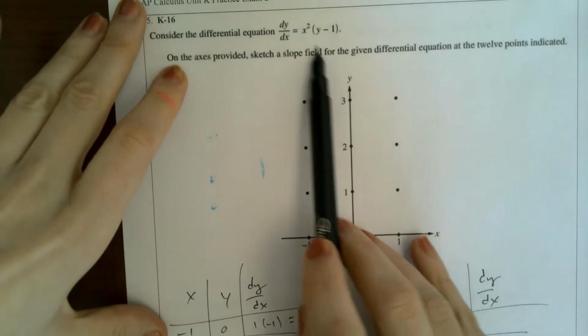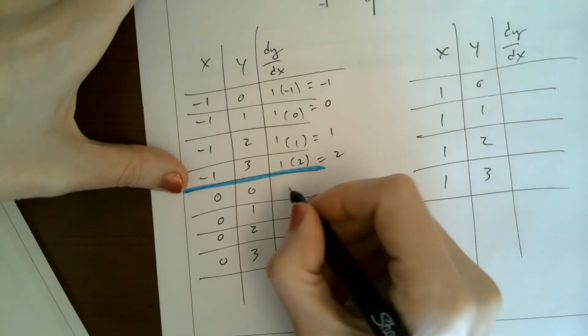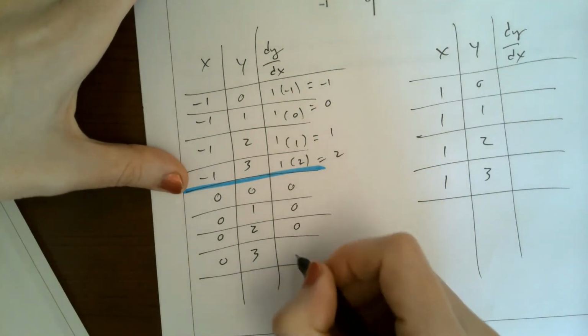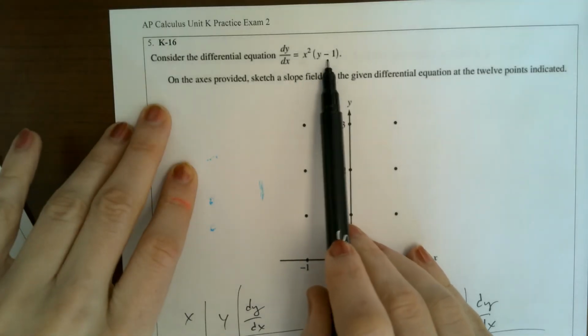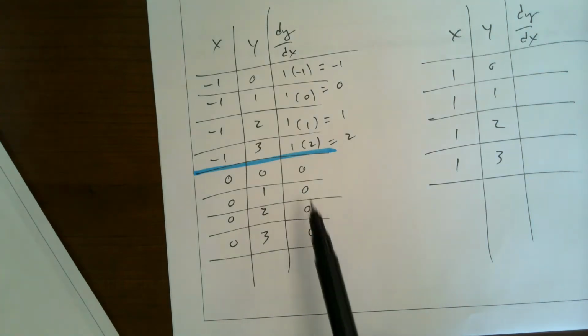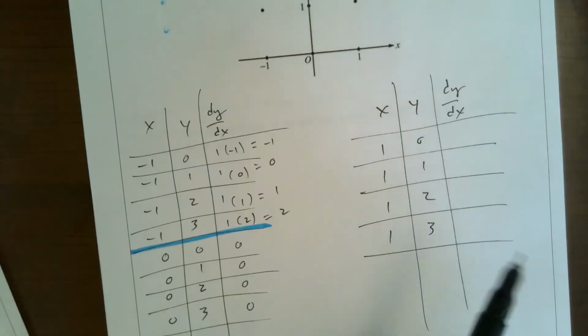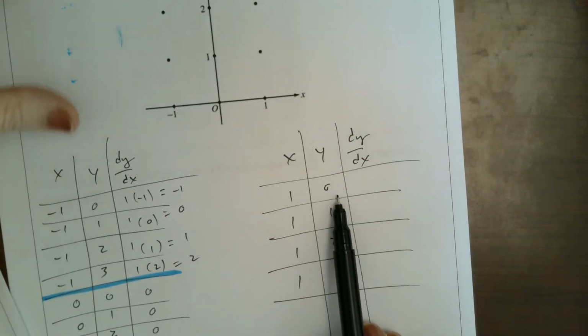Okay, now I'm going to do it again. So this time, guys, 0 is x every time here. So all of the x squareds are going to be 0. And it actually doesn't even matter what y minus 1 is because 0 times anything is 0. So those are all zeros. So we're going to have little horizontal lines on all of those points. Now let's do this one.